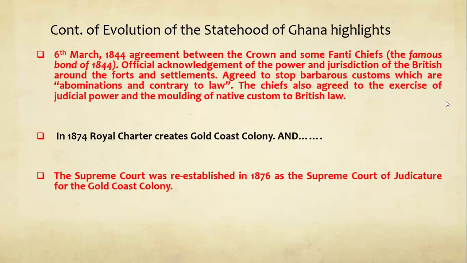So now from 1976 up to 2026, which will be next year, that will be how many years? That's 150 years. Yeah, 150 years. So we are going to celebrate the 150 years anniversary of the establishment of the Supreme Court, Ghana.